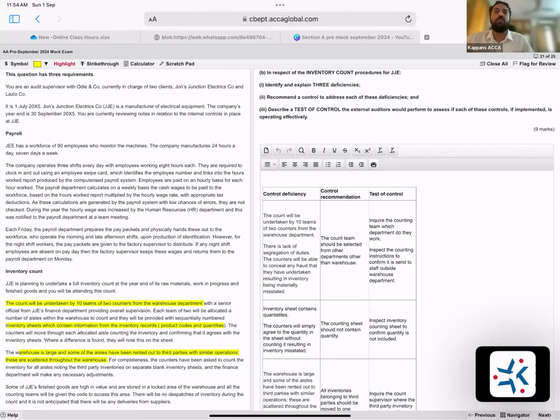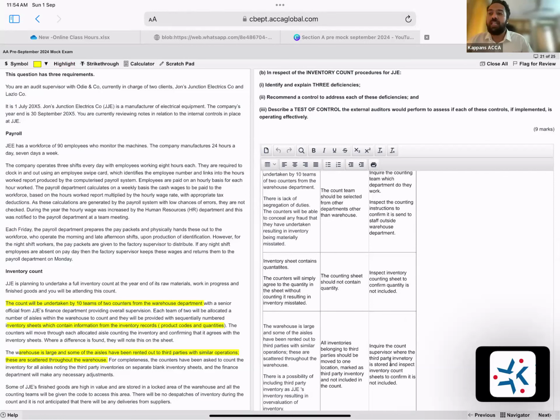How will you test it? Very simple. Inquire the count supervisor where the third-party inventory is stored and inspect the inventory counting sheet. Why? To confirm the third-party inventory is not included in the counting sheet. That's it. Three deficiencies identified, explained, given a recommendation, as well as test of control.